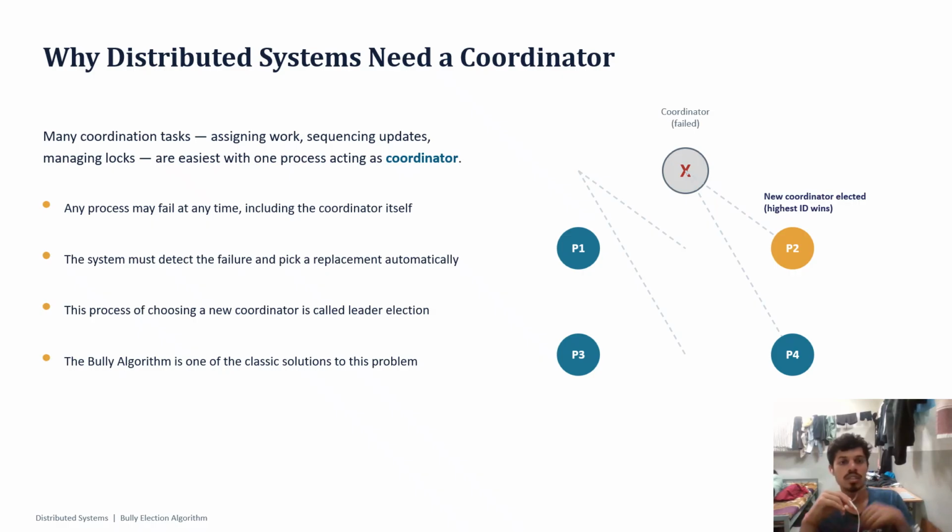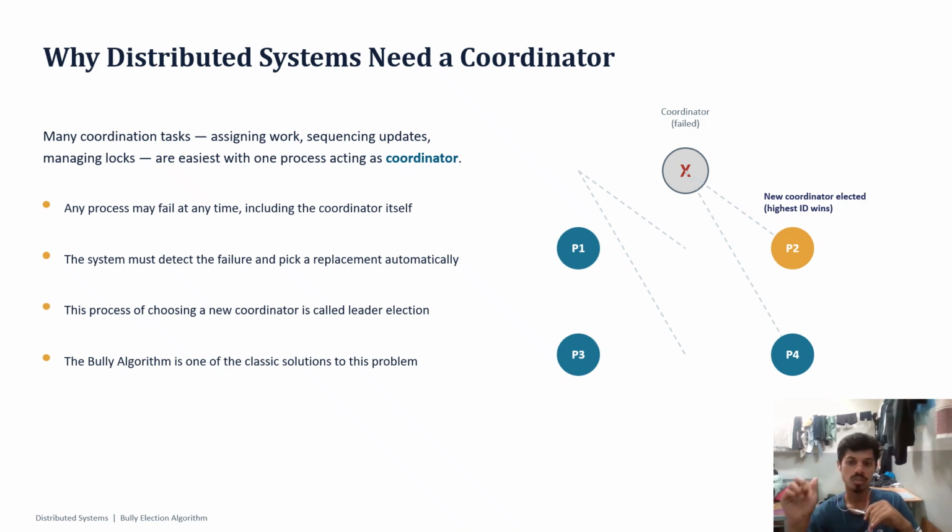So what are the leader's roles? Let's see. Here is a distributed system. Why do we need a leader for it? Main coordination tasks, assigning work, sequencing updates, and managing logs are easiest with one process acting as a coordinator.